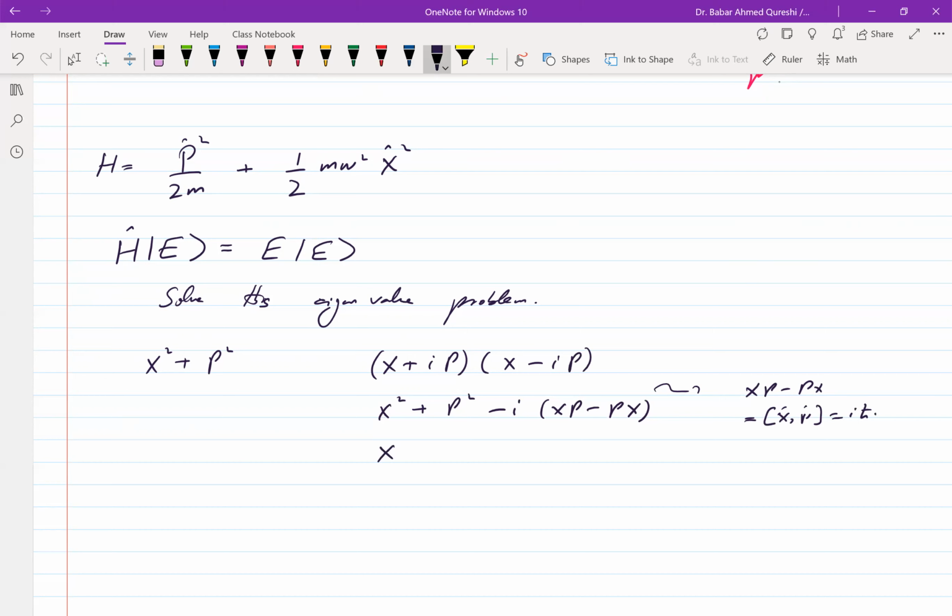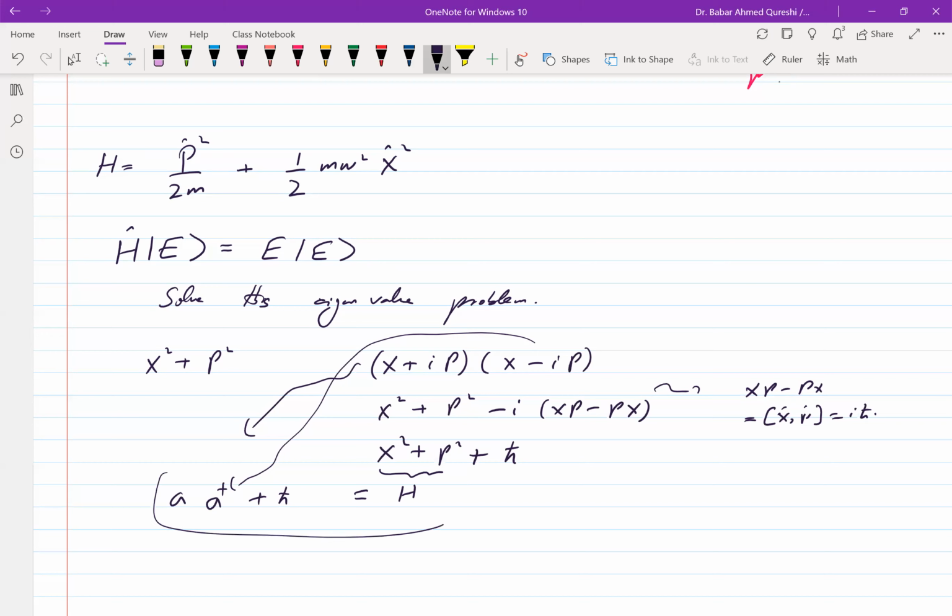So this thing becomes something like that: x square plus p square plus h bar. And this is just the Hamiltonian. So the Hamiltonian becomes this operator, let's call it A, and this operator, which is actually the dagger of it, plus some constant, and that's equal to H.